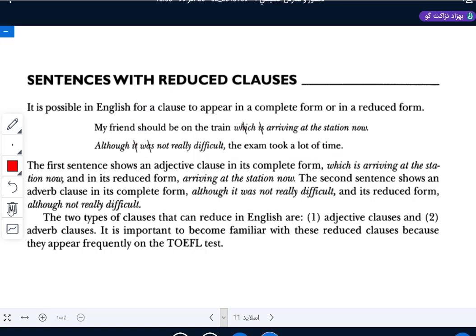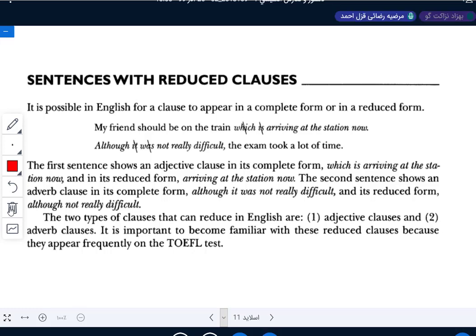Well, go on, please. The first sentence shows an adjective clause in its complete form, which is arriving at the station now, and in its reduced form, arriving at the station now. The second sentence shows an adverb clause in its complete form, although it was not really difficult, and its reduced form, although not really difficult. Very good. Go on.